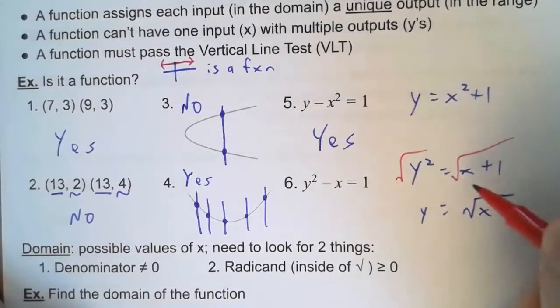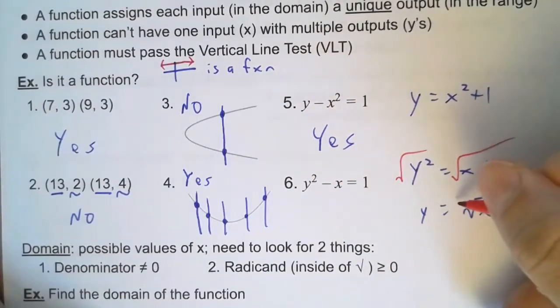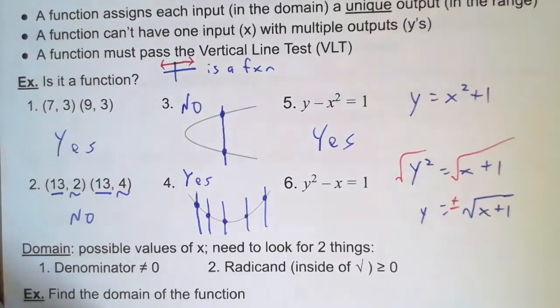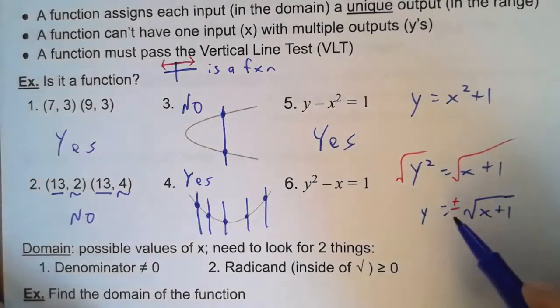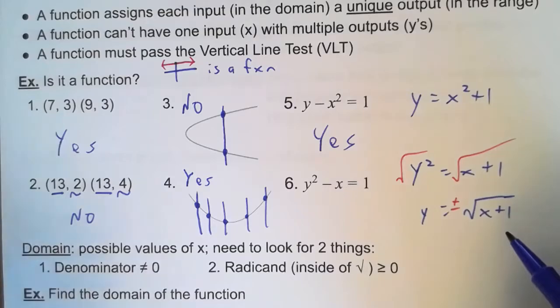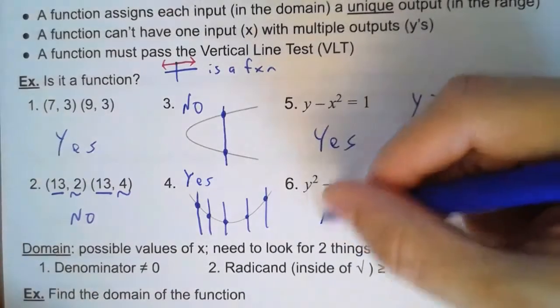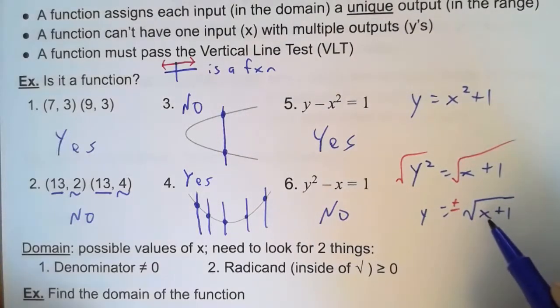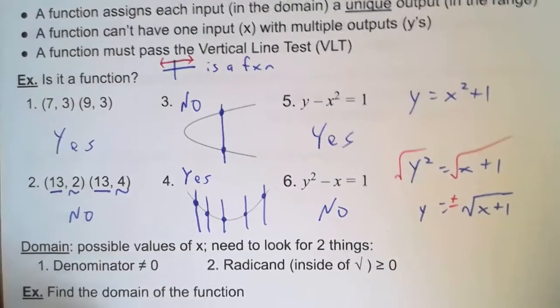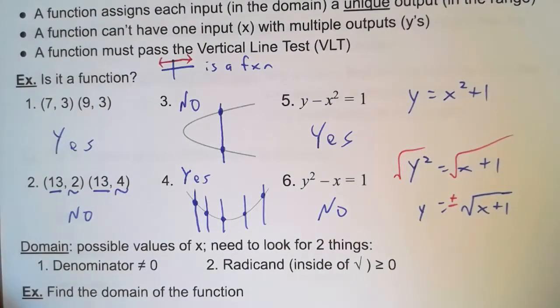If I square root both sides, I have to add plus or minus. So what do we think now? If y is plus or minus square root of x plus 1, is it a function? No, that is not a function. Here, if I input a particular x, I'll get 2 possible y's, 2 possible outputs, either the positive or the negative. So that is not a function.